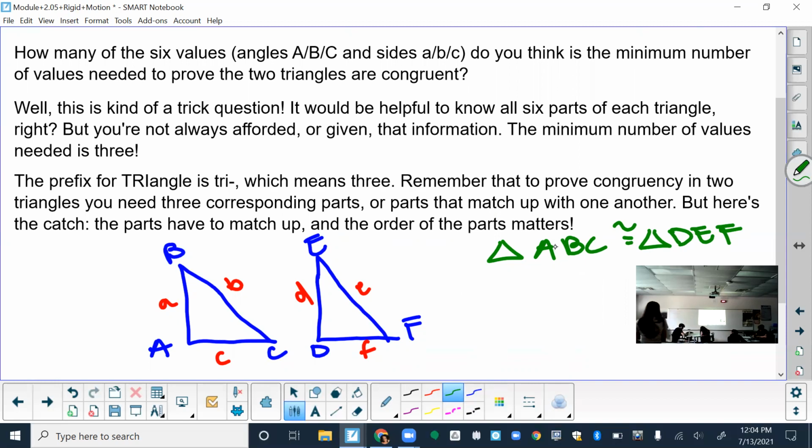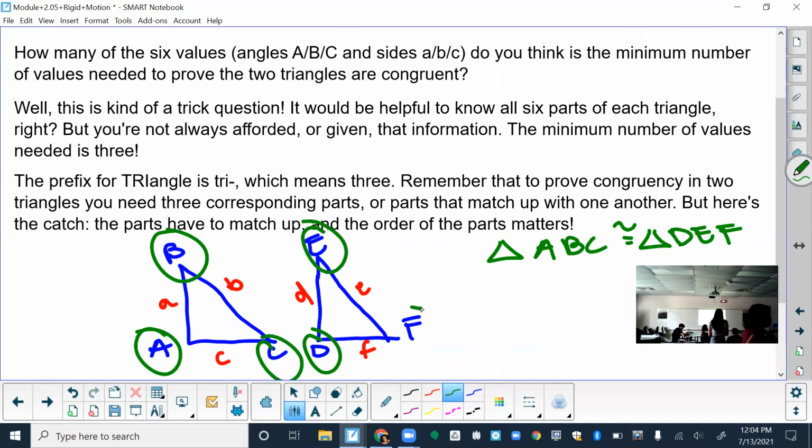It can't be like CBA is congruent to DEF. Order matters because you're showing that A corresponds to D, that B corresponds to E, that C corresponds to F. And then if we were talking about the side length, things like that, then we would say a corresponds to d and going that way. So right here, I would highlight in the text.